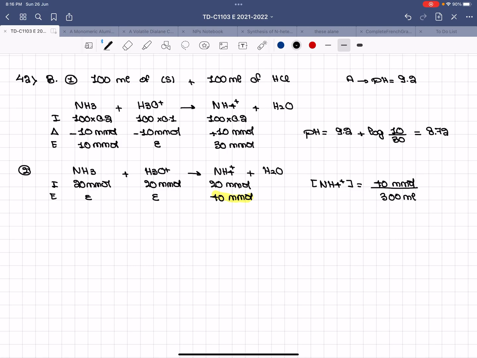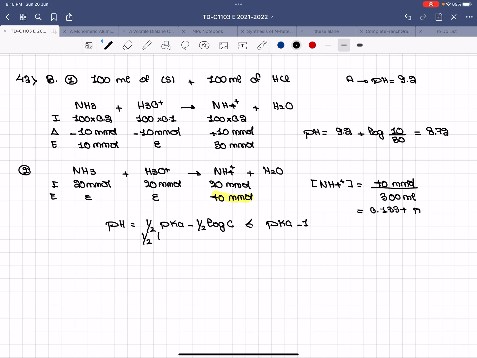So the concentration is 0.1334 mole per liter, or molarity. The pH of a weak acid is basically half pKa minus half log C, if it's less than or equal to pKa minus 1.